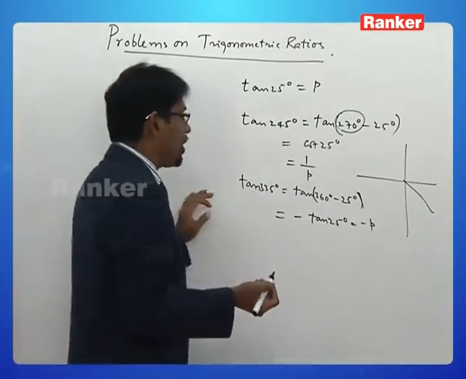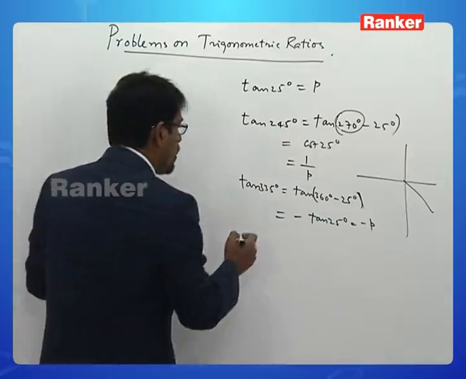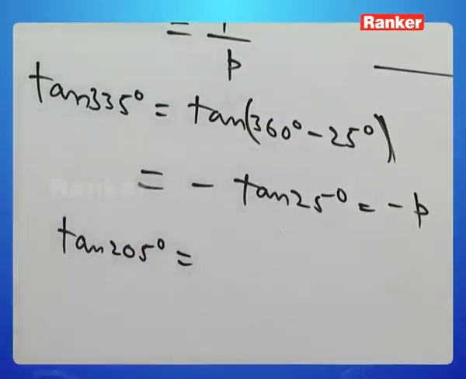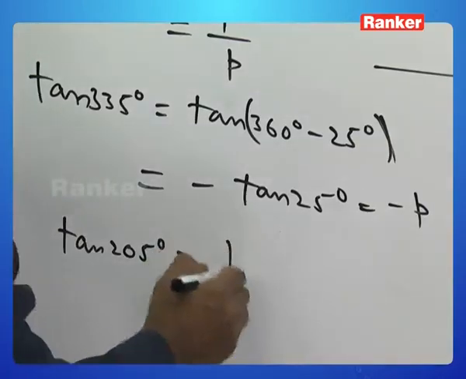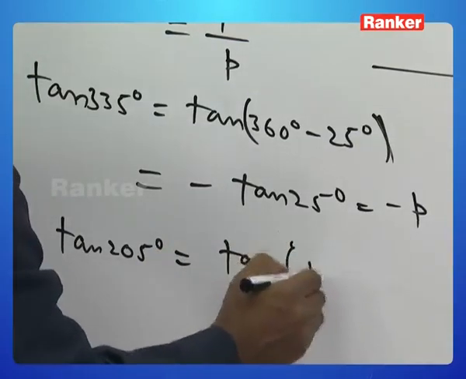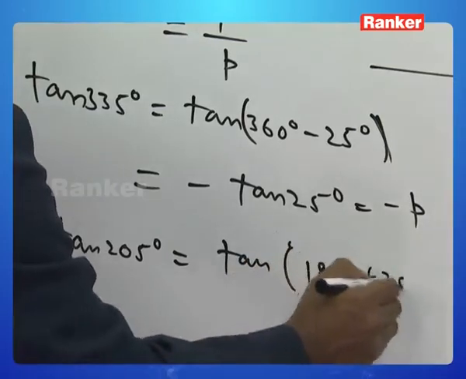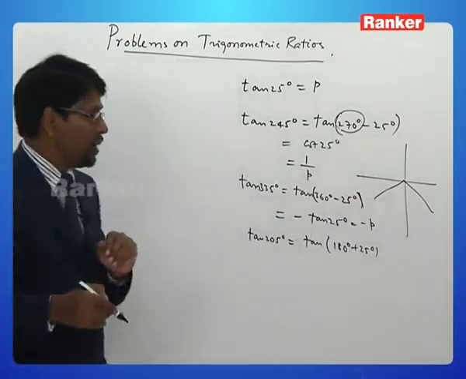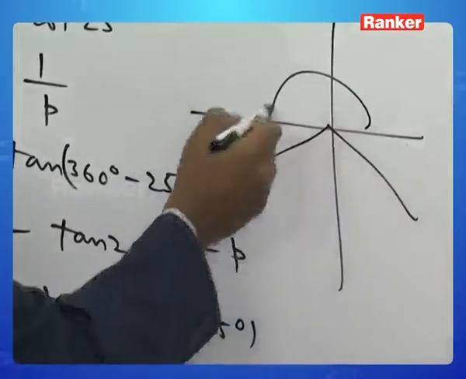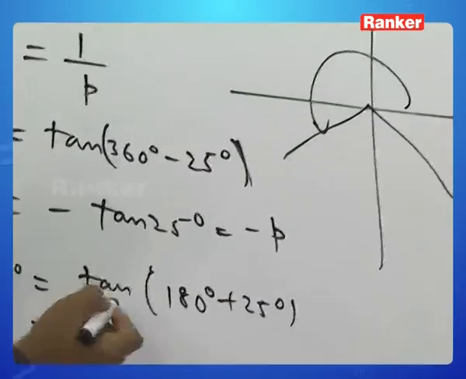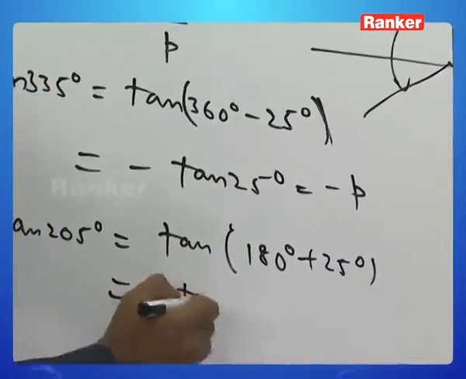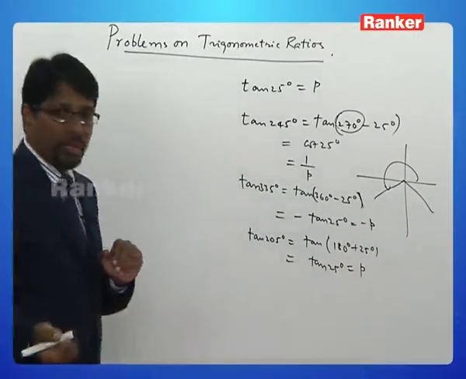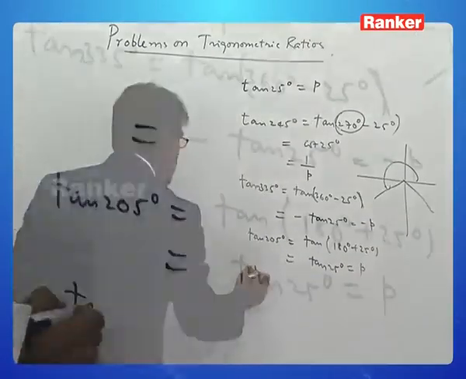Then tan of 205 is what you require. Which multiple of 90 is it close to? Tan(180 + 25) falls again into the third quadrant. Tan is positive and doesn't change to its cofunction, so tan 25, which is again P. What about tan 115?